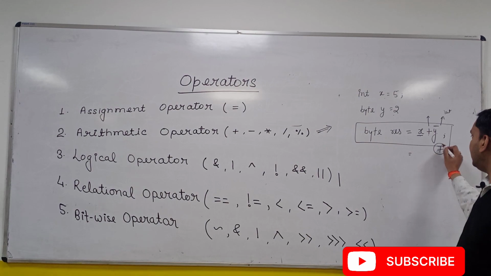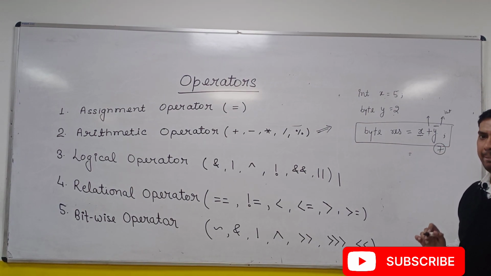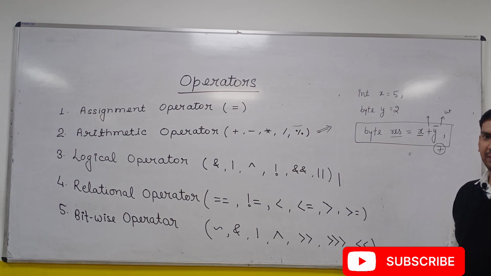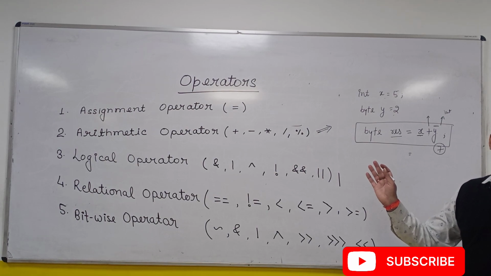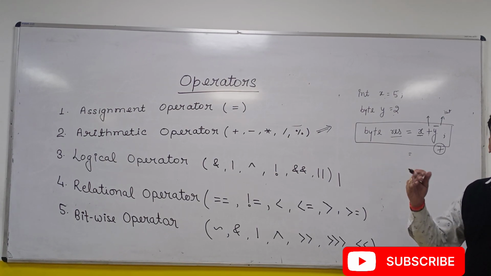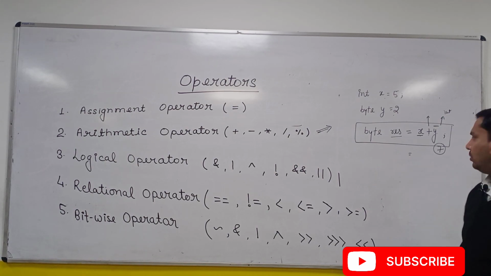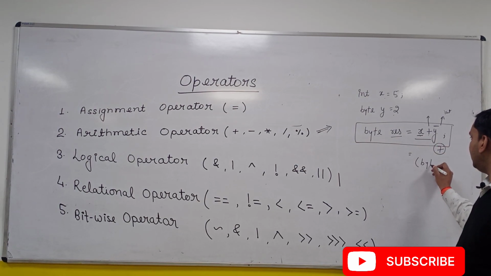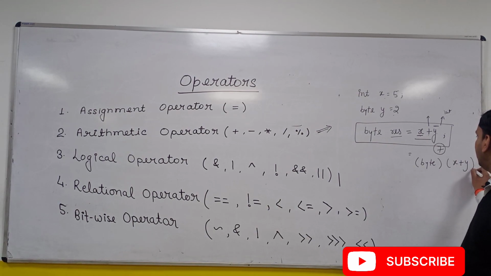So the result will be 7, but 7 is of int type and I am assigning this to a byte type variable. So int cannot be assigned to byte type. Int to byte is narrowing. So here we have to typecast the result. It means we have to write (byte)(x plus y).